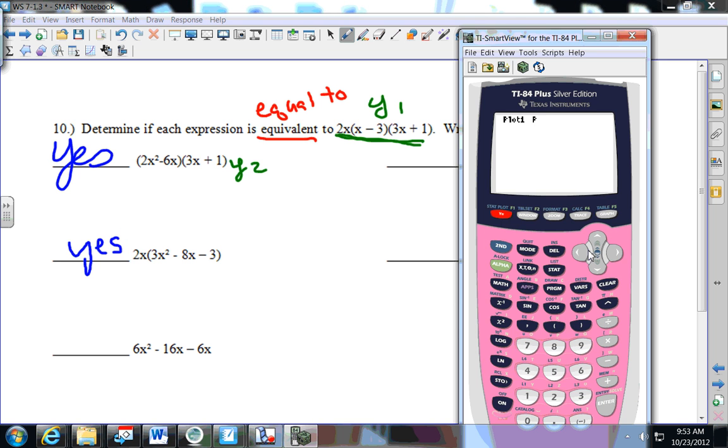Checking the next one. I have 6x squared minus 16x minus 6x. Second graph. Do these two columns match? Nope, so they are not the same. They are not equivalent.